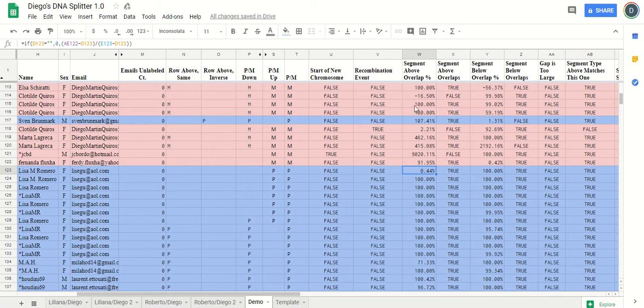This one here is actually pretty important because it determines how many centimorgans are being created by this segment.